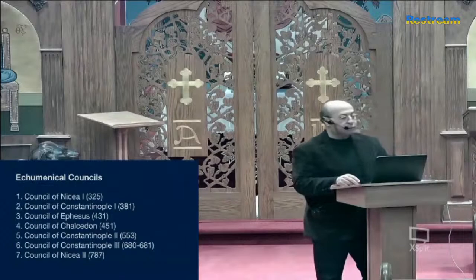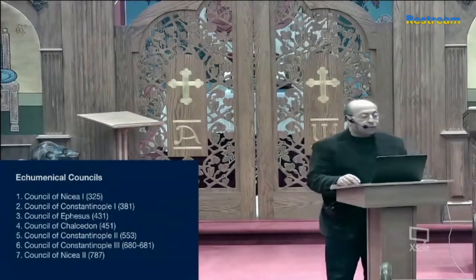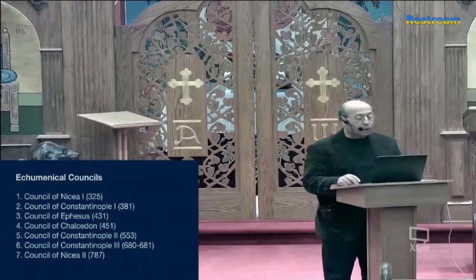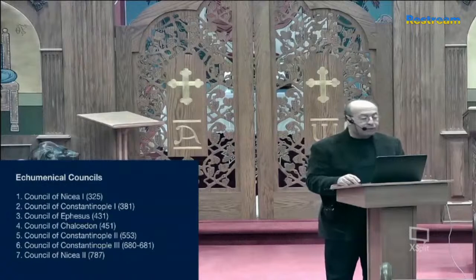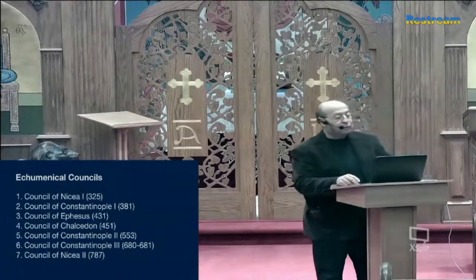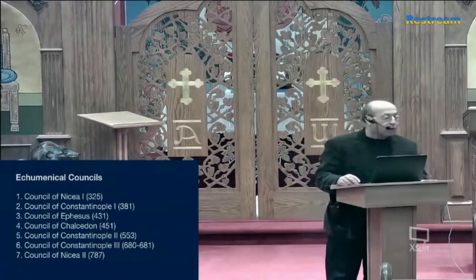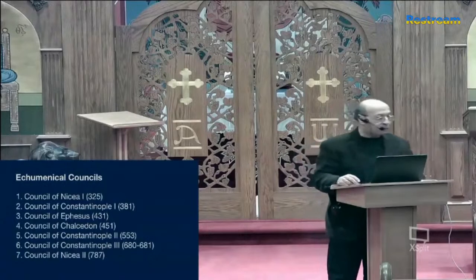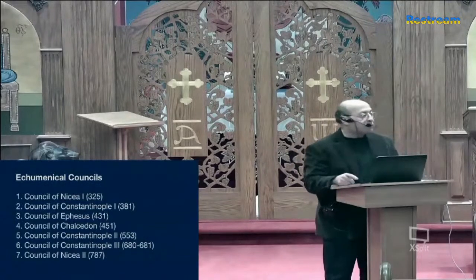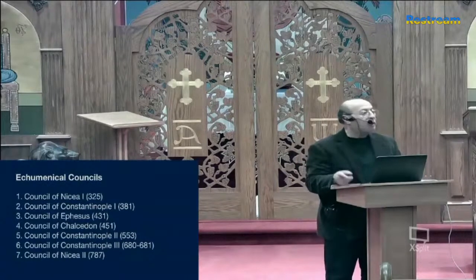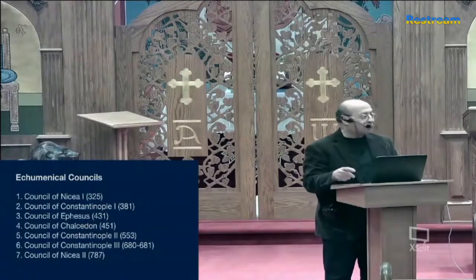But the Council of Nicaea in 325, the Council of Constantinople I in 381, the Council of Ephesus in 431, and the Council of Chalcedon in 451, those are the 4 we participated in. There will be references to those councils as we go on, over and over until we get it down and we know exactly what we're talking about.